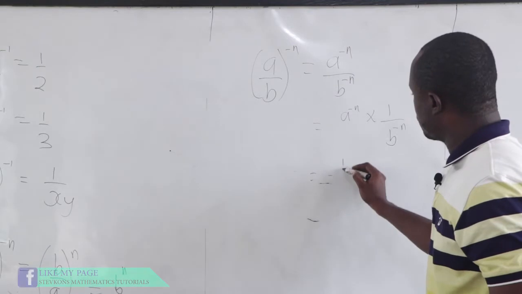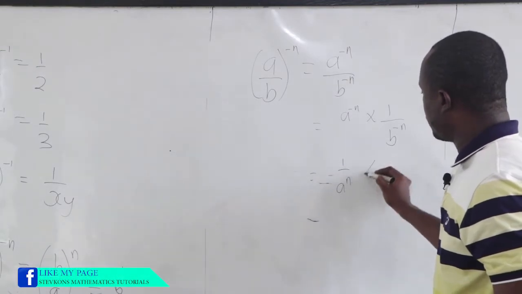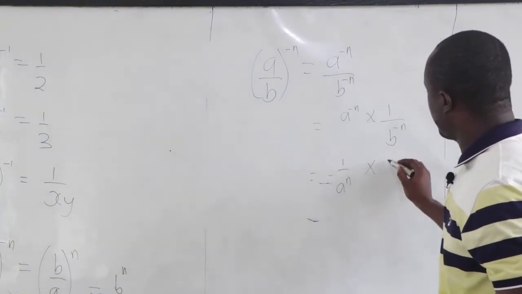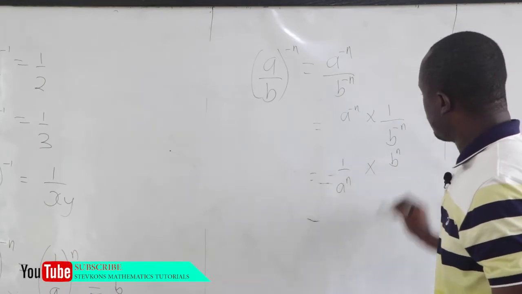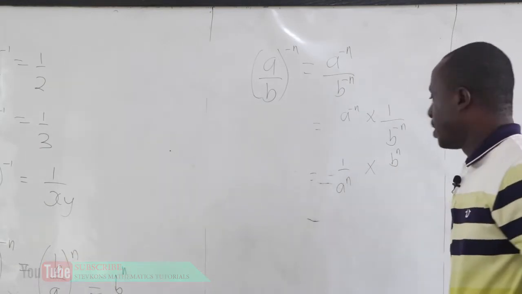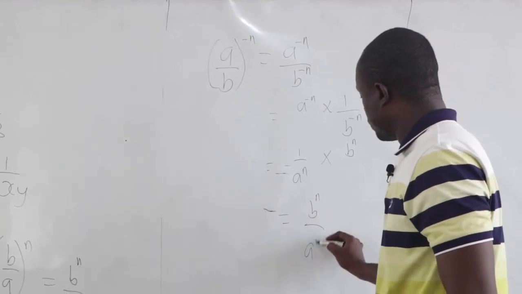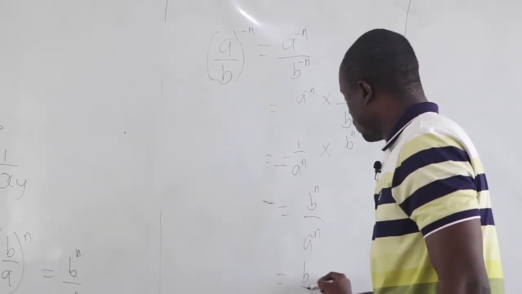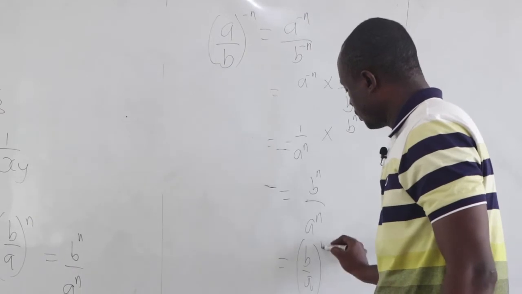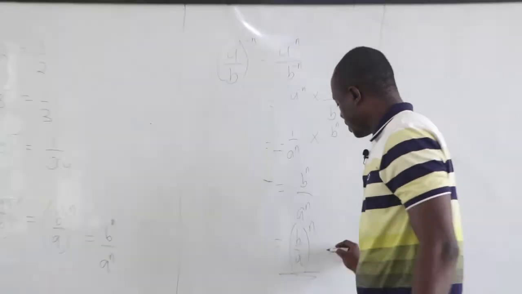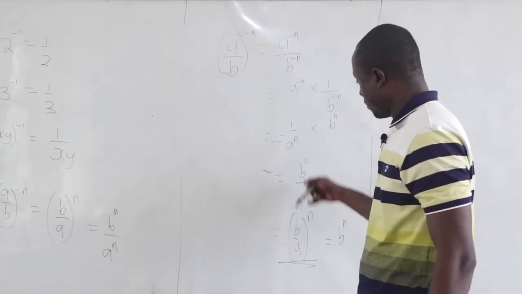Now this is the same as 1 over a to the power n, and b to the power negative n can go on top, and we have b to the power positive n. So this is the same as b to the power n all over a to the power n, which is the same as b over a all to the power n.